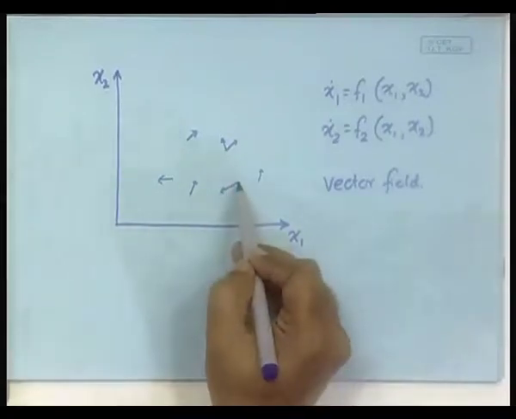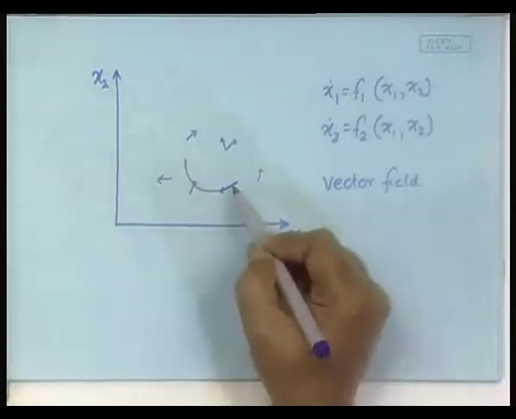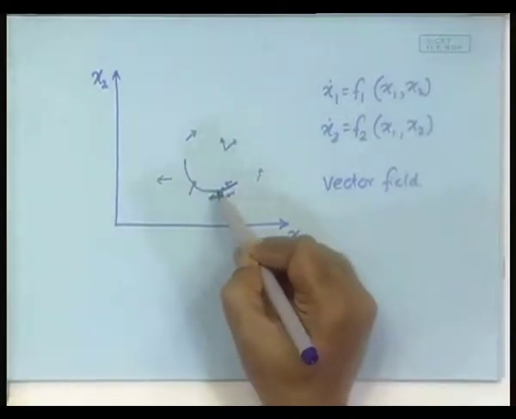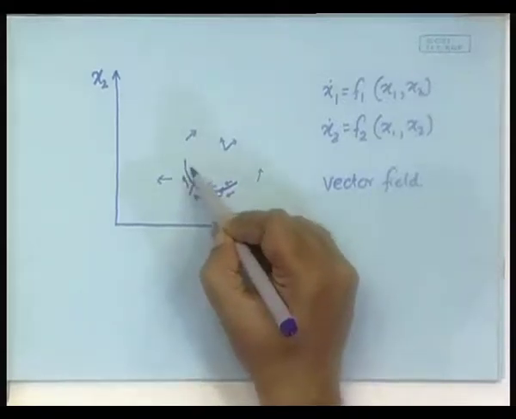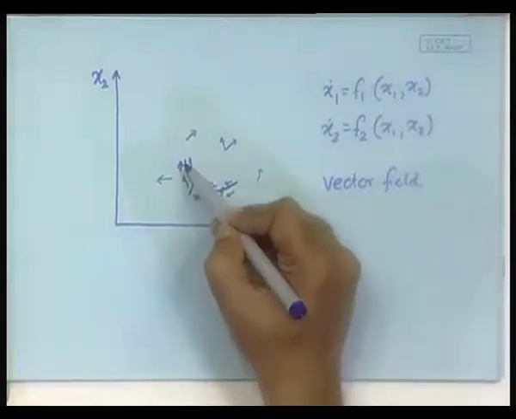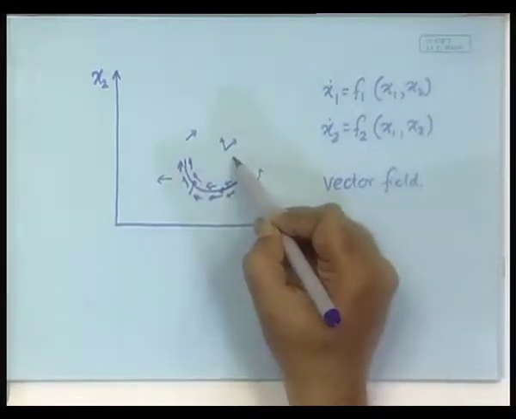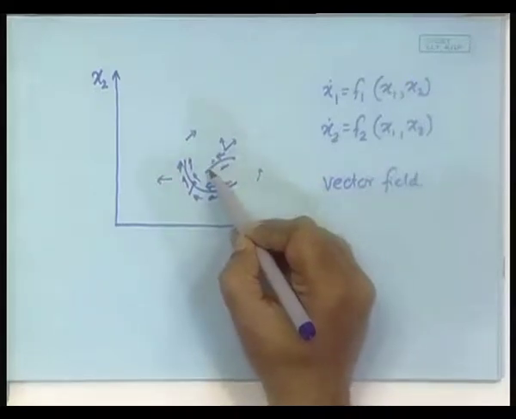You can also draw lines going through, means if you have vectors going like this, starting from any initial condition, you can also draw lines going through like this. If you have a line going through like this, and from another initial condition a line going through like that, it is not possible for them to intersect, right.